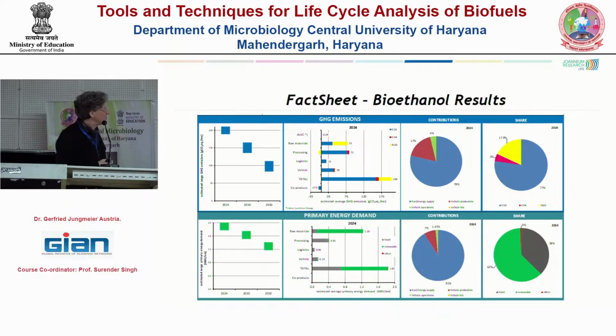The pie next to it gives you the share of the greenhouse gases. The blue one is the CO2, so it's the most dominating one, really the fossil CO2 from all the different processes in cultivation, in the fertilizer production, in the transportation processes, in the vehicle production. So it's roughly 35% CO2.